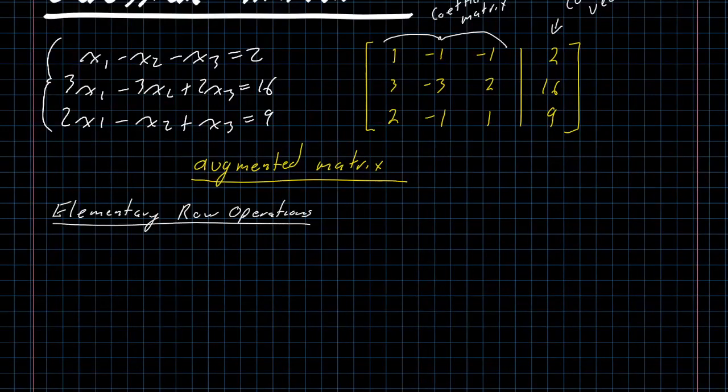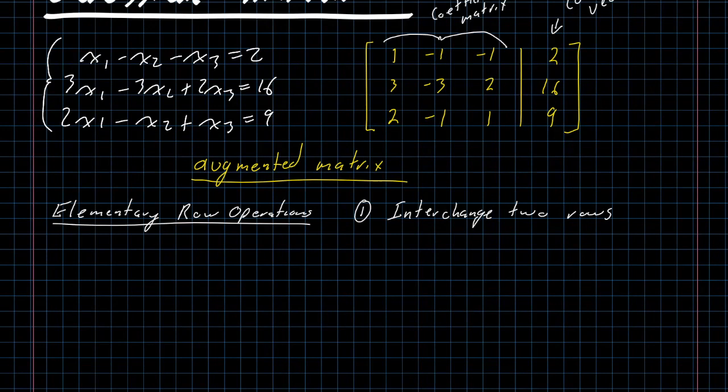Right. Once we have an augmented matrix to work with, instead of thinking about operations on equations in a system, we're going to rephrase this as elementary row operations. The first one, interchange two rows, is not something you think about all that much when you're thinking about solving a system of equations.